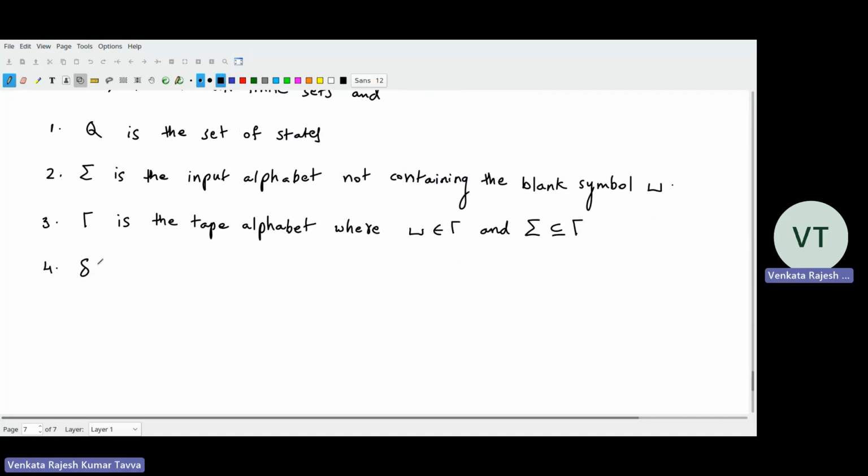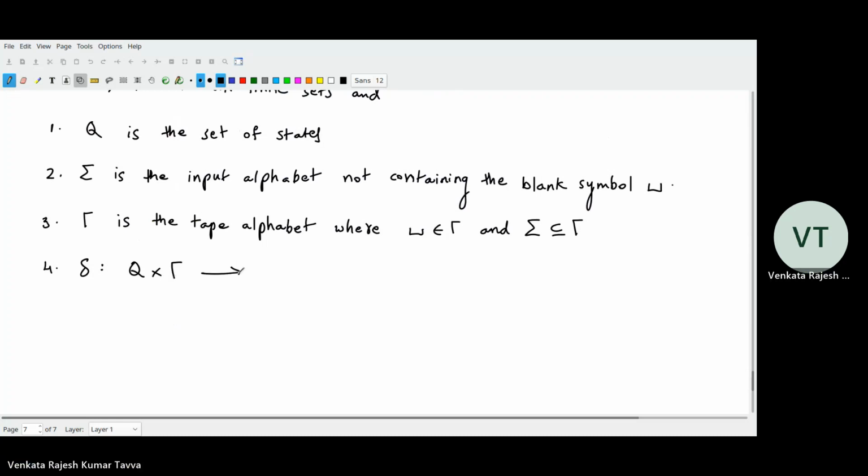And fourth, delta. So can anyone tell me what is the domain and range of delta? Q cross sigma. Q cross gamma.